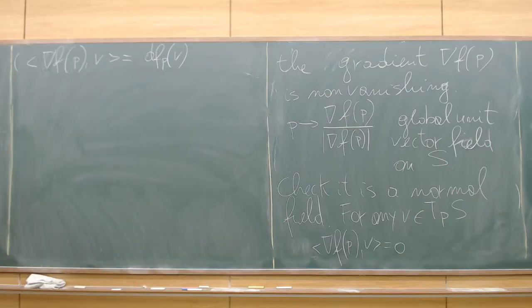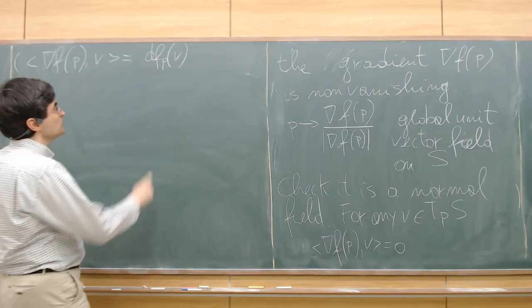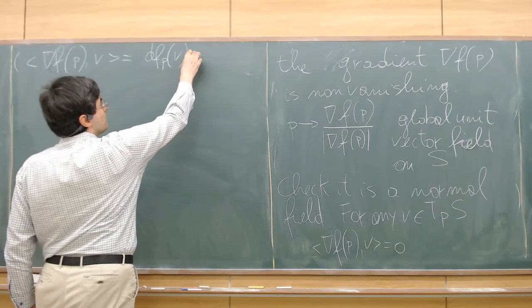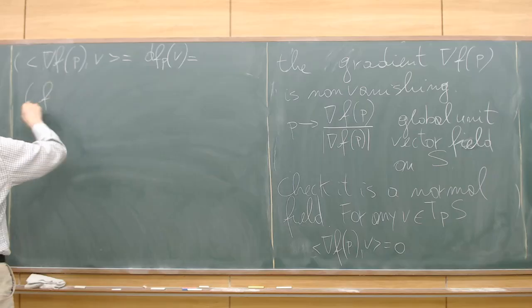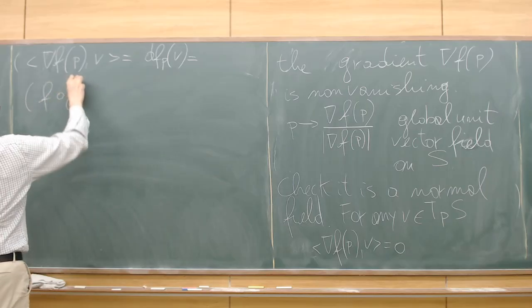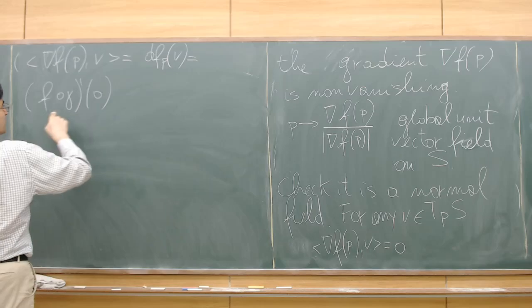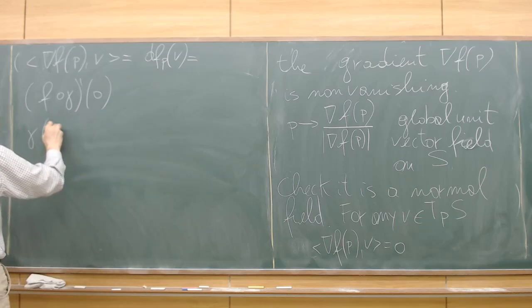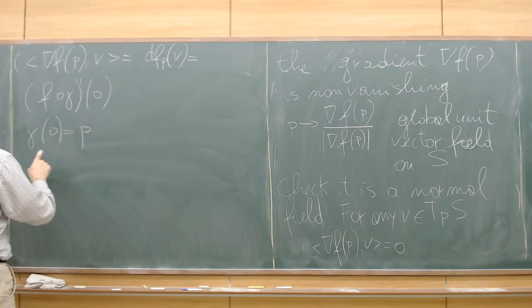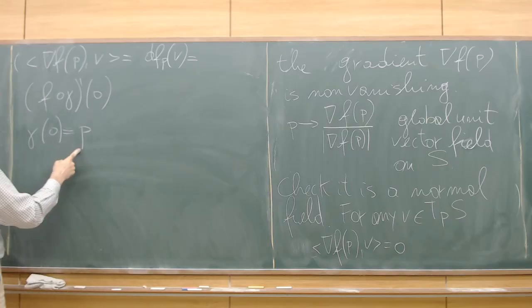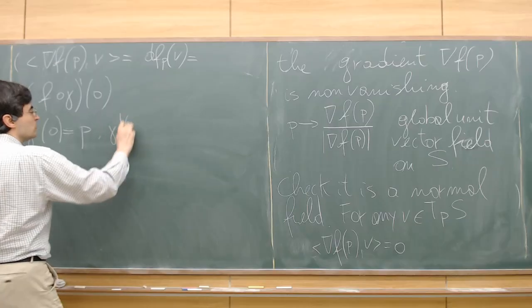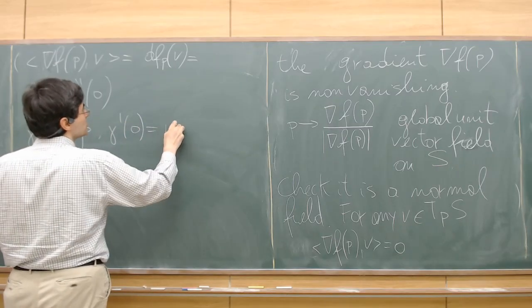But we know how to compute this kind of derivative. This is equal to the derivative of the composition of f with a curve on S having these two properties. The first one is that the initial point is p, and the second one is that the initial velocity must coincide with v.